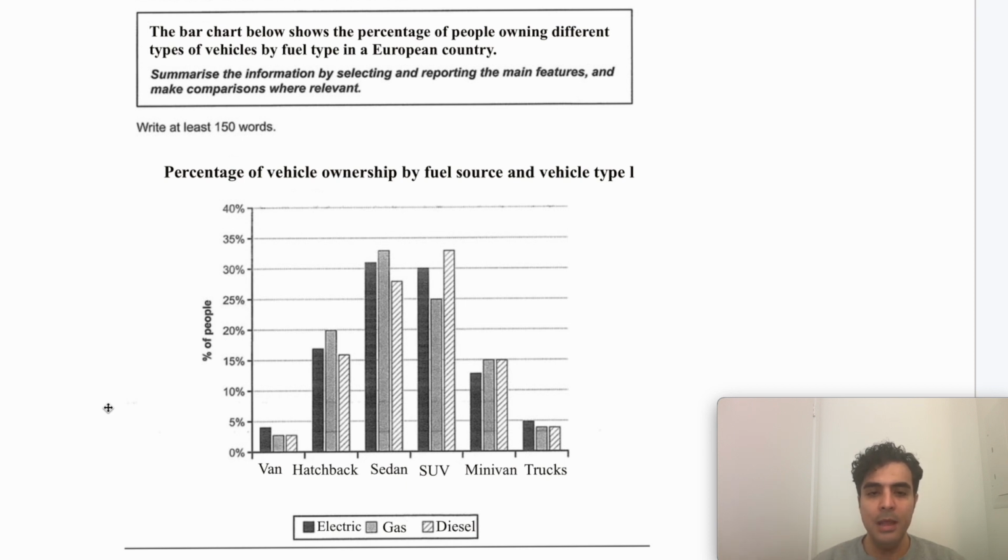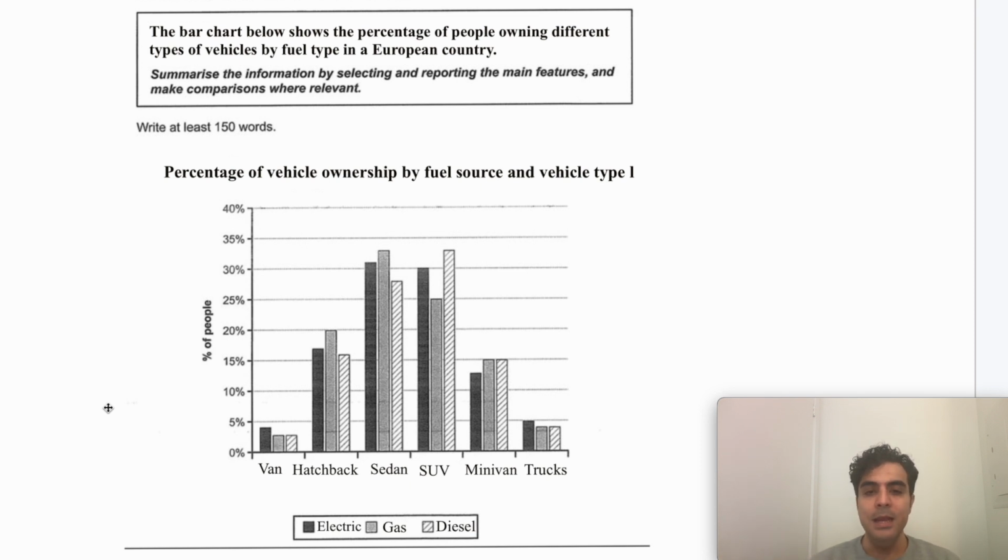Well, in the hatchback category, gas-fueled cars are number 1. Sedan, gas-fueled cars are number 1. But it's not true about minivans. It's not true about trucks. It's not true about vans. So, as you can see, it's not something that spans across all of the categories. And I'm actually looking for something that would hold true for all instances. Okay? So what can I find?